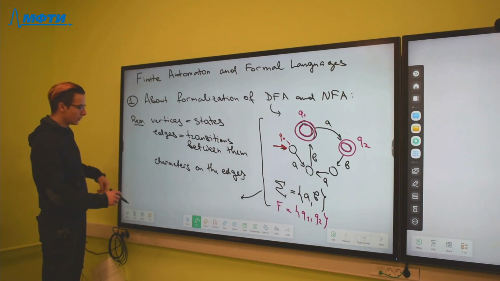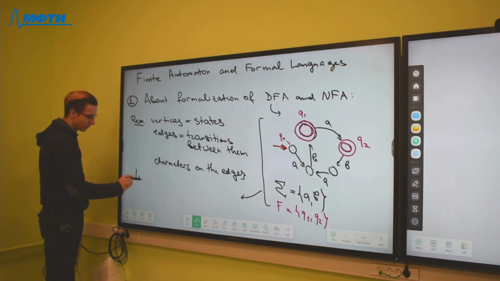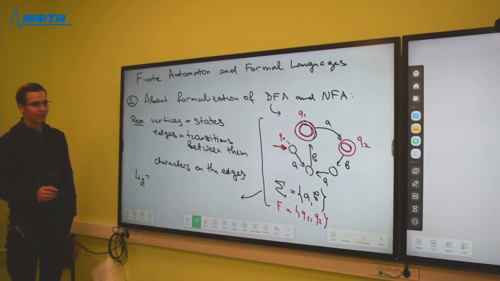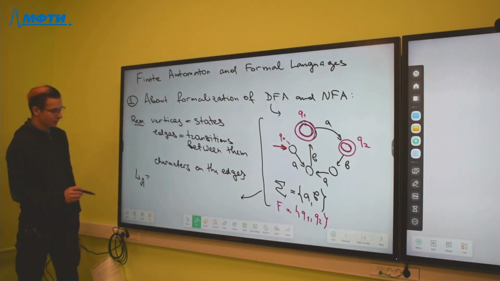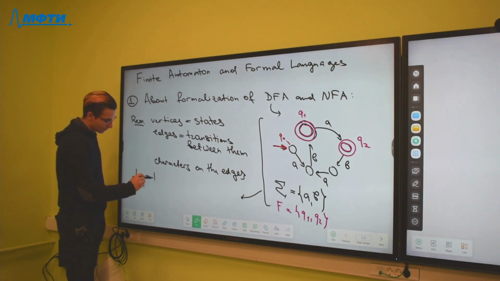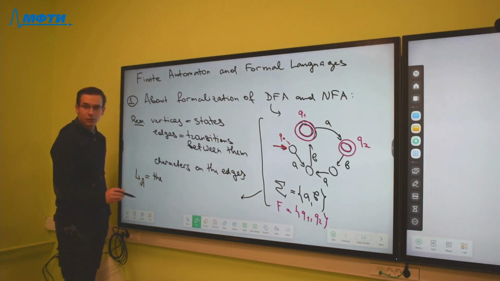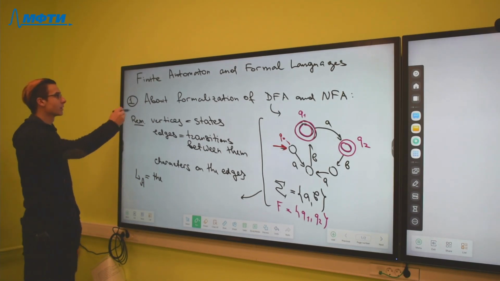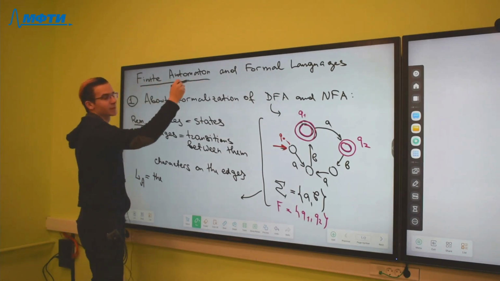So L(A), the language of the automaton, is the same for DFA and NFA. It is about finite automata.